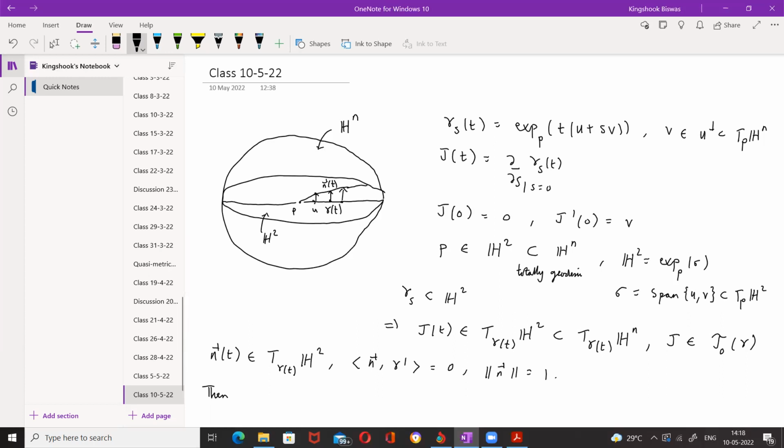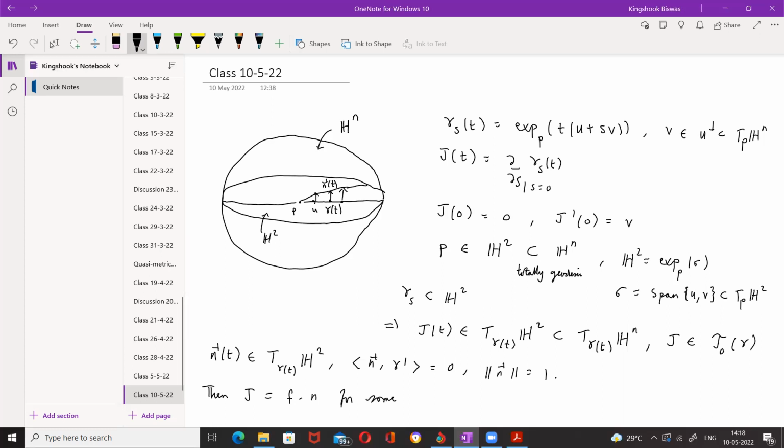Because J0 is perpendicular to U and J prime 0 is perpendicular to U. That gives us exactly the 2n minus 2 dimensional space of perpendicular Jacobi fields, right? So J is a perpendicular Jacobi field. So therefore, since J is tangent to H2 and it's perpendicular to gamma prime, J is equal to F times N for some function F. Yes, question?